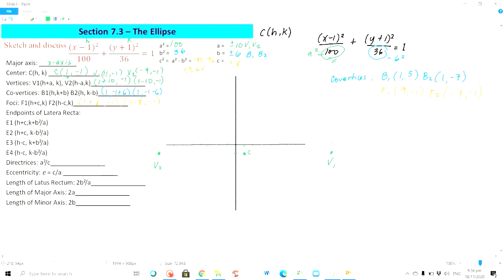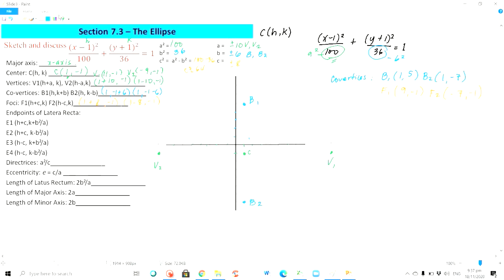Okay, what about the co-vertices? 1 and 5. So 1 and 5. 1, 2, 3, 4, 5. And 1 and negative 7. 1, 2, 3, 4, 5, 6, 7. So, ito yung ating B1 and B2.